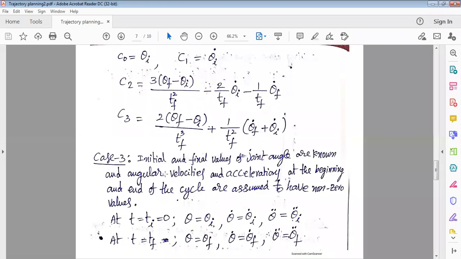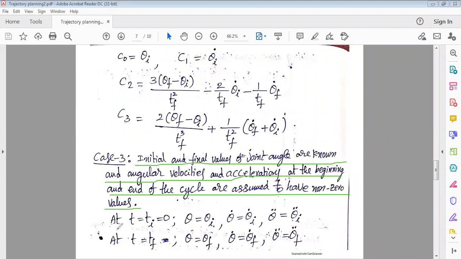So let us look at case 3. Again, the initial and final values of joint angle are given, and the angular velocities and accelerations at the beginning and at the end of the cycle are assumed to have non-zero values.